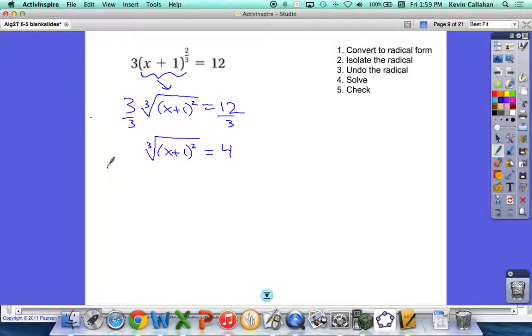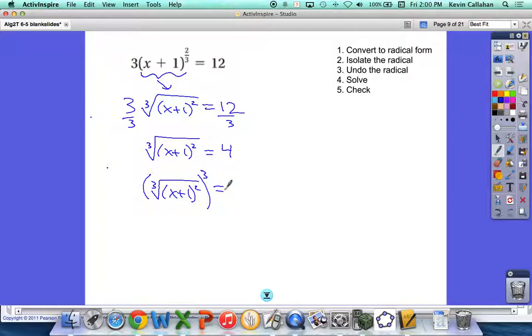Cube it, right? If you're doing this on your own paper, you probably just go ahead and cube both sides on this line itself. I'm writing an extra line just so it would be clear, like if you were downloading the slides, that you would see each step. So that's the third root of (x plus 1) squared, to the third.